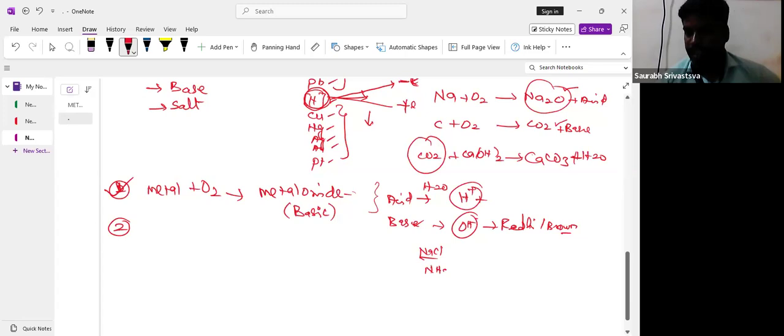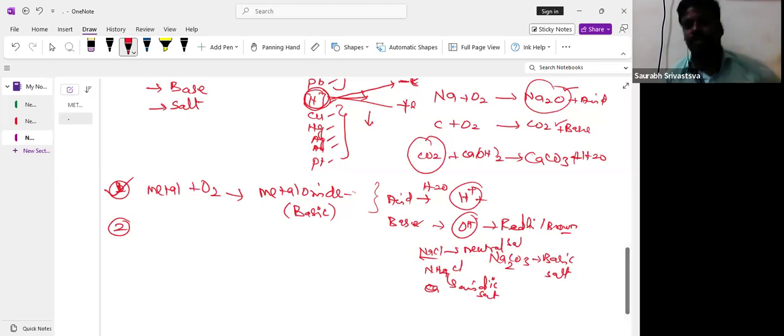If you take the sodium carbonate, it is a basic salt. And this one is an acidic salt. And this one is a neutral salt. So salt has three different categories: neutral, acidic, basic.